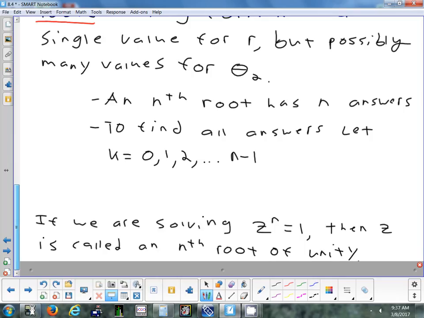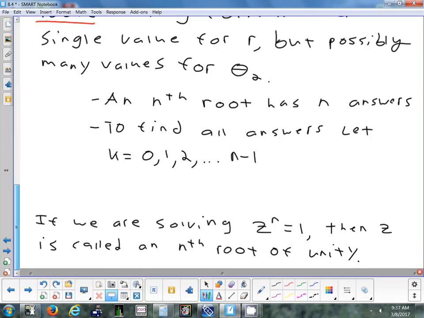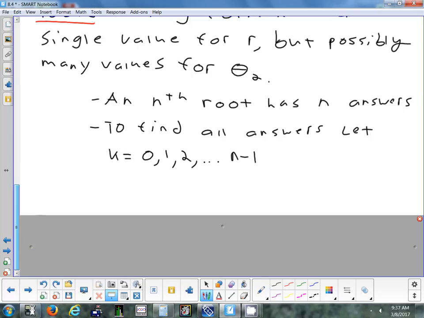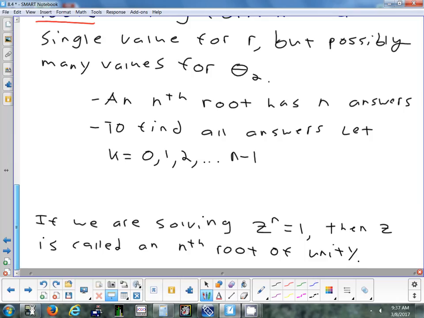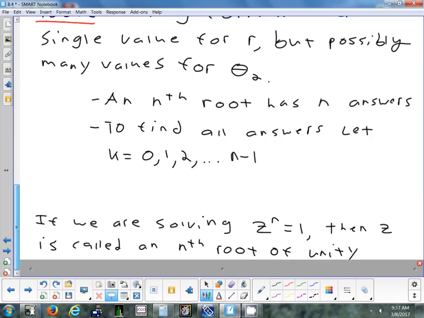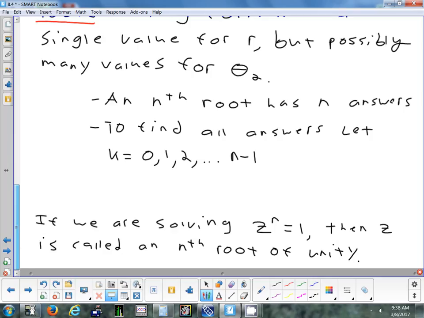One thing special the book uses, I'm not going to use this word because I don't want to confuse you, but if they ever ask you to find the roots of 1, there's actually a special term for that. It's called finding the roots of unity. So any other number, I just have to say the number. Find the cube roots of 2. Find the square root of 7. Find the fifth roots of 9. Well, if you're working with the number 1, a term you can use is find the square root of unity.